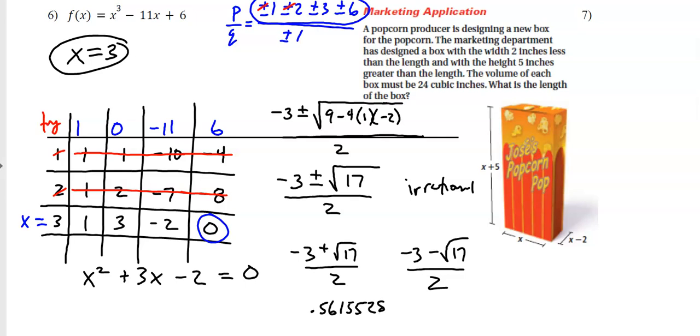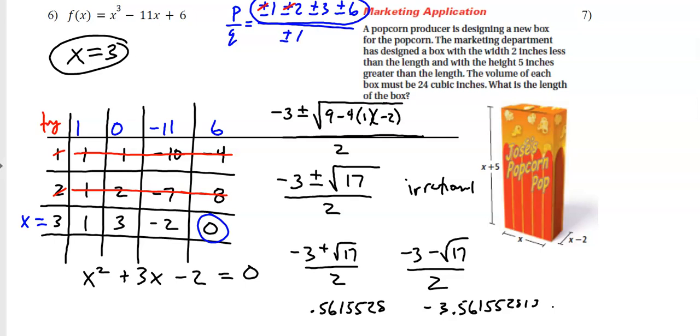The other one is negative 3 take away the square root of 17 divided by 2, which is negative 3.56155281, and it just keeps on going. So roughly a half, negative 3.5, and then we got the 1 at 3.